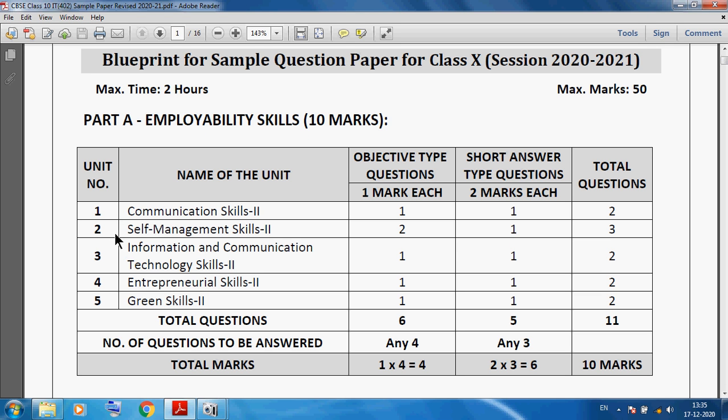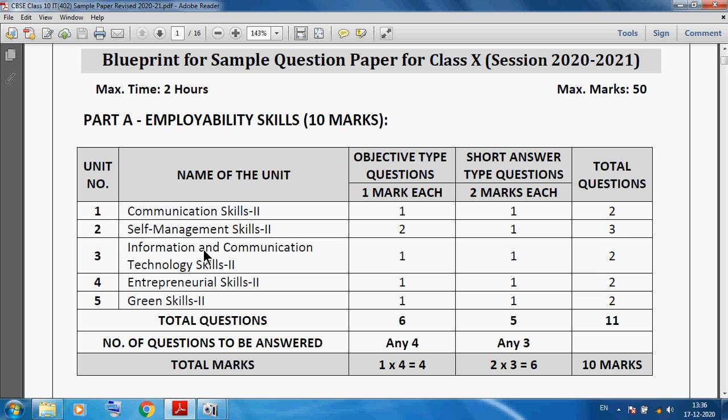Our unit 1 is communication skills, second is self-management skills, third is information and communication technology skills, and then entrepreneurship skills and green skills. You can see objective type 1 mark questions, and short answer 2 marks questions. In communication skills, there are 2 questions in total. Self-management has 2 questions, 1 mark each, and total 3 questions you will see.